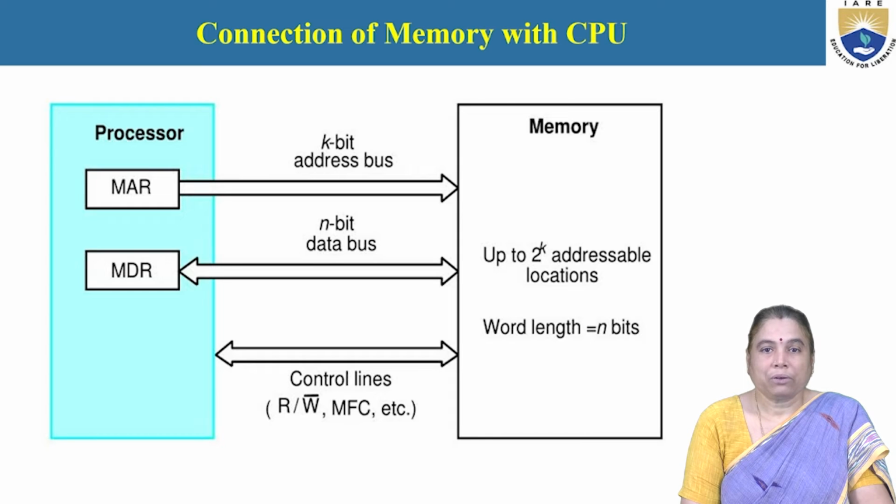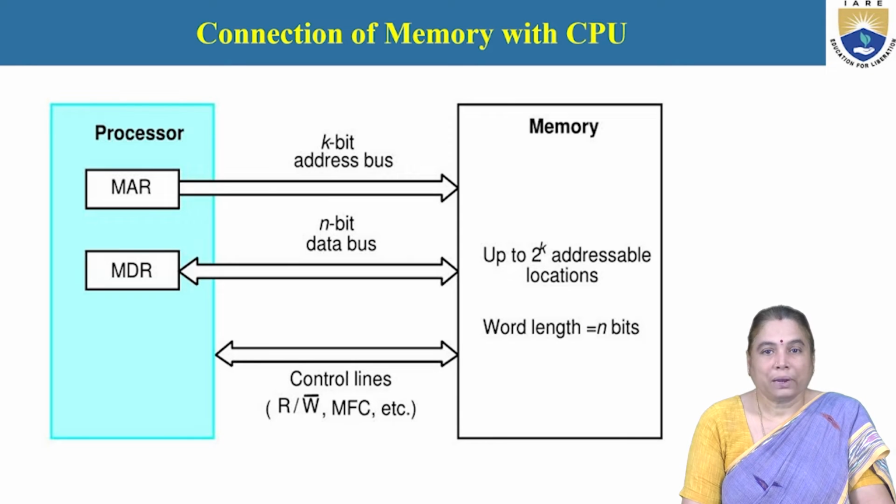From which location of the memory the data has to be retrieved is directed by the address stored in the MAR register. While performing the write operation, the data available in the MDR register is transferred to the memory location pointed to by the address stored in the MAR register.